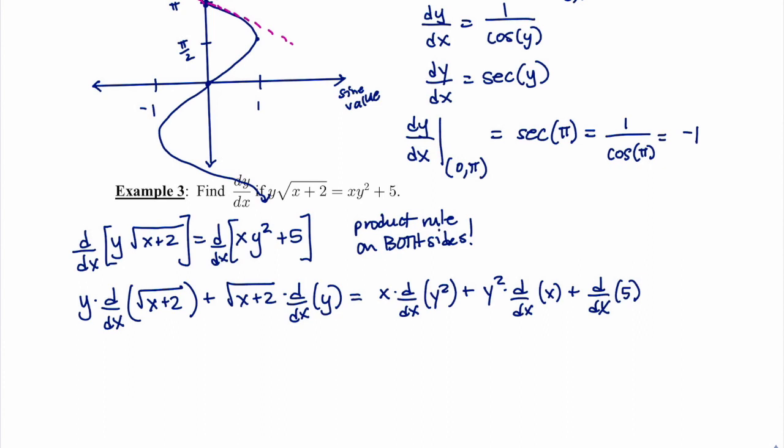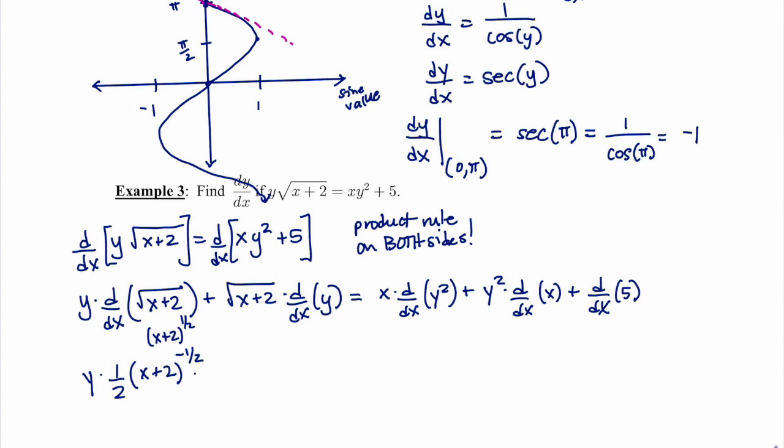But now if we take the derivatives where we have indicated, we'll say, okay, the square root of x plus 2 is the same as x plus 2 to the 1/2. So just rewriting that. We'll have y times, and here I'm going to need the chain rule because I have a function inside the square root, not just x. So I do the derivative of the power 1/2, which will be 1/2, leave the input the same, and then subtract 1 from the exponent.